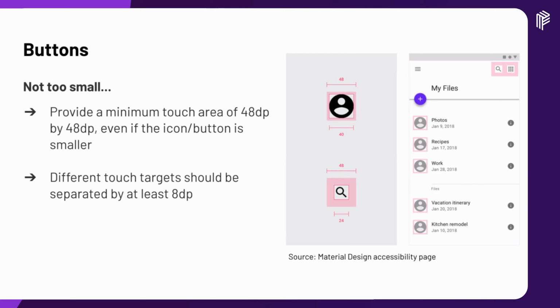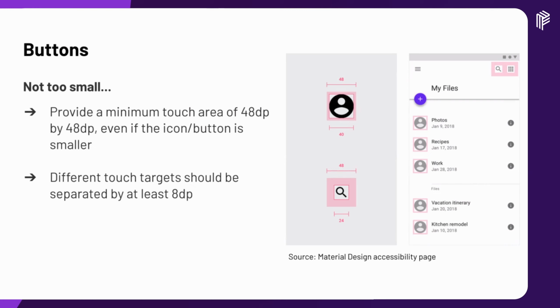So the general guideline is that you provide a minimal touch area of 48 density independent pixels by 48. Even if the icon button is smaller than this, it's not a problem. If the icon is smaller, you just need to provide this extra area that is also touchable.